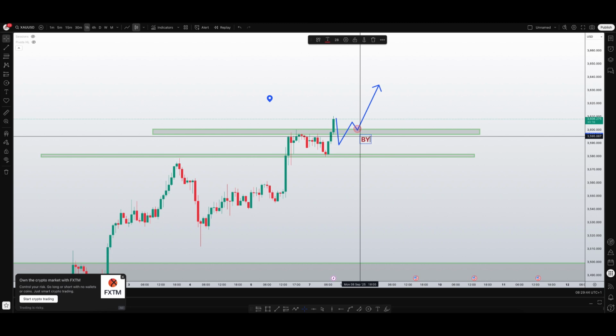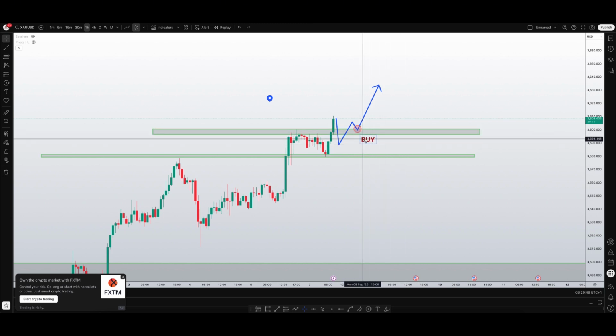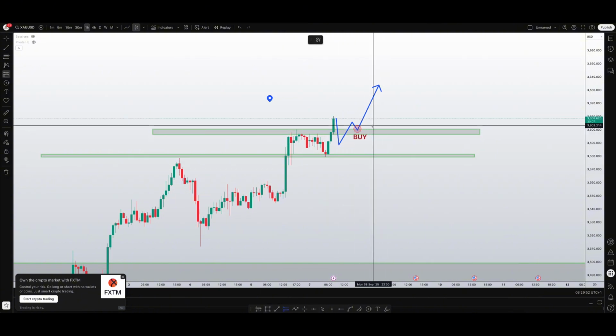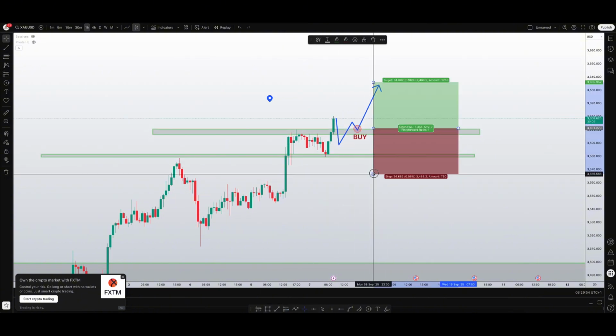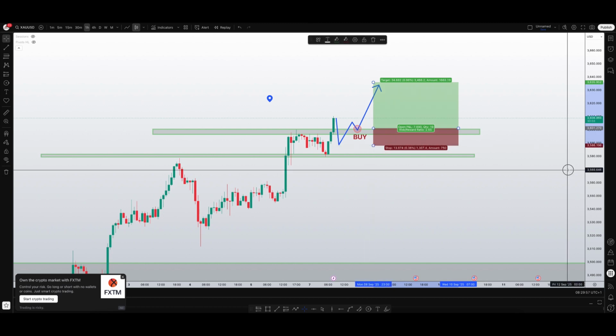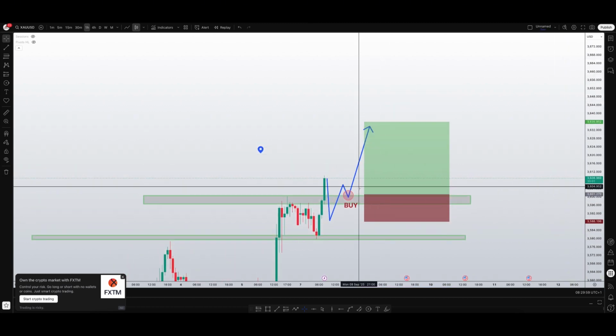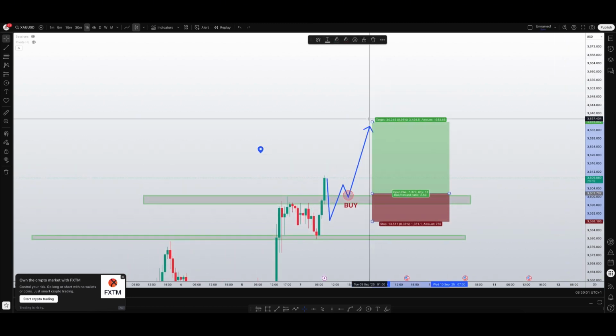You take a buy, entry, stop, then look for your 1 to 4.